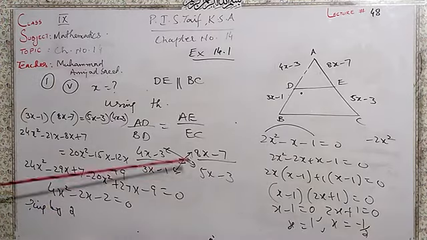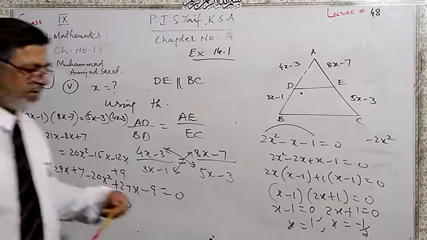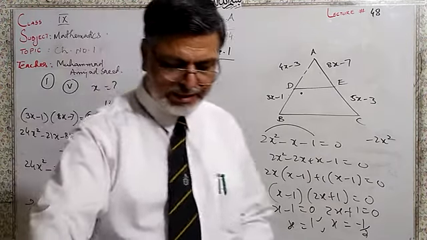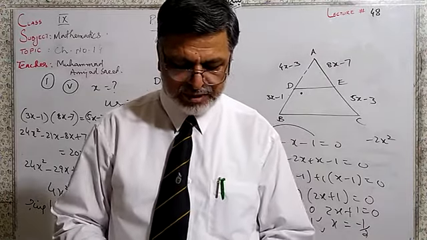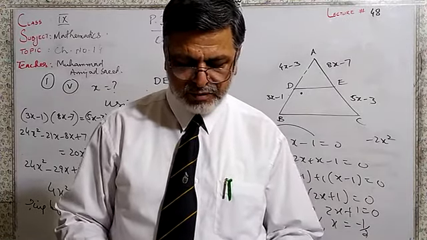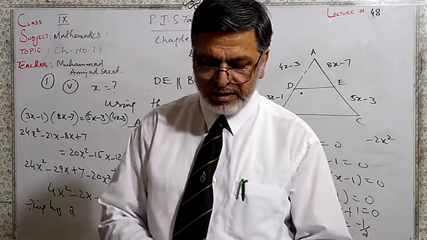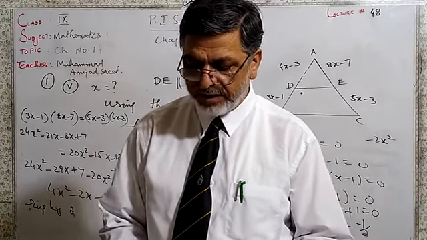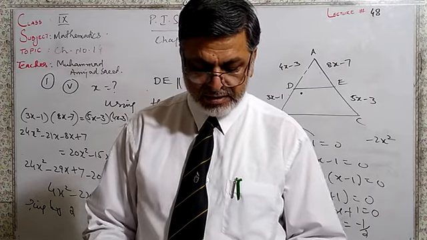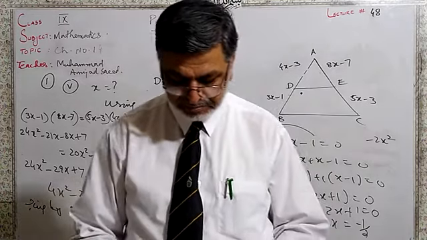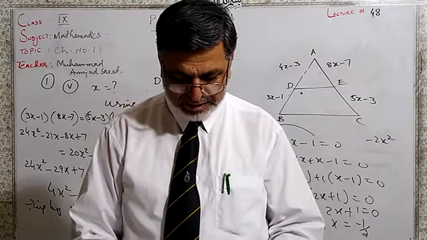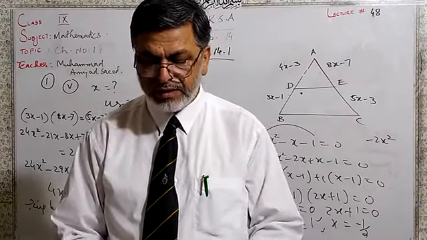So this is the way we have found that x is equal to 1 and x is equal to minus 1 by 2. This is exercise 14.1, question number 1, part 5.